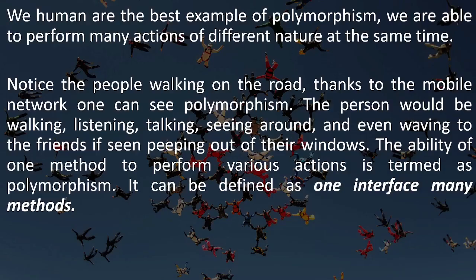Okay. Now, we human, everything comes to human, and that is what I have to do. I bring it back to human only because that was the idea behind object oriented. So humans are the best example of polymorphism, since we are able to perform different actions at the same time. You must have seen people walking on the road waving at their friends, looking at the mobile, talking at the same time.